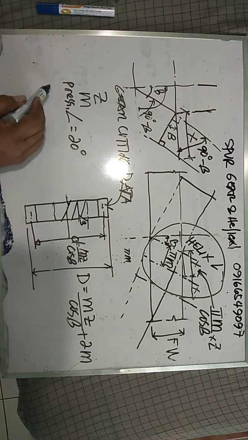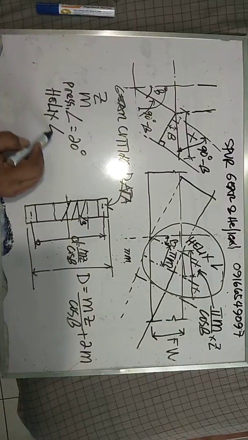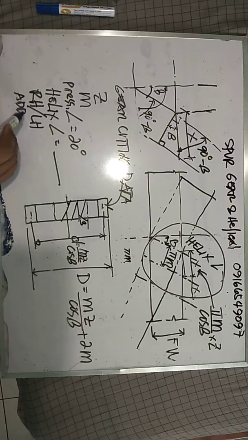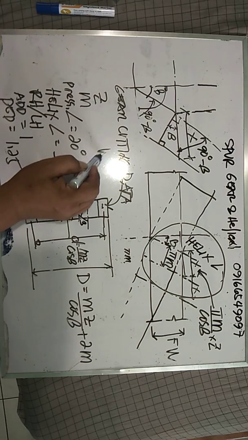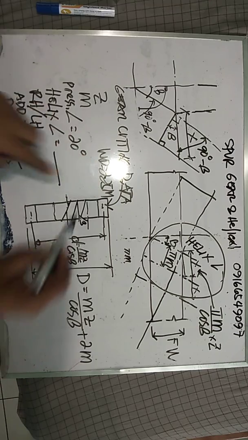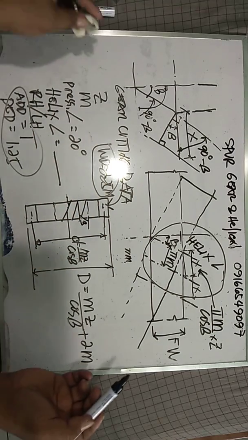Now this time we have the helix angle, and the direction of it, whether right hand or left hand. Addendum coefficient, which is 1. The dedendum coefficient is equal to 1.25. And again, we have 2.25 as the empirical formula. This is called empirical formula. Okay, that's all.